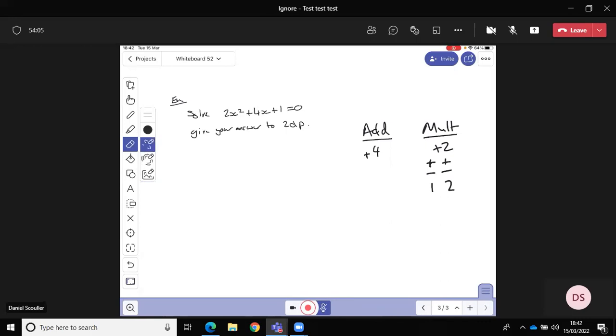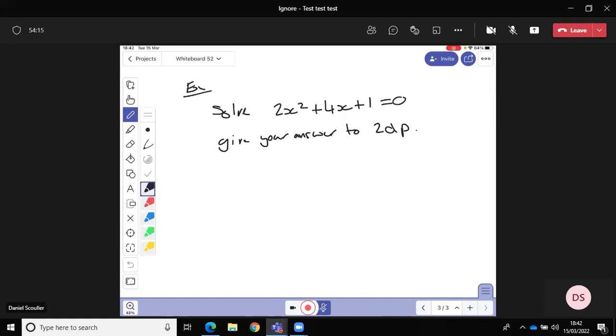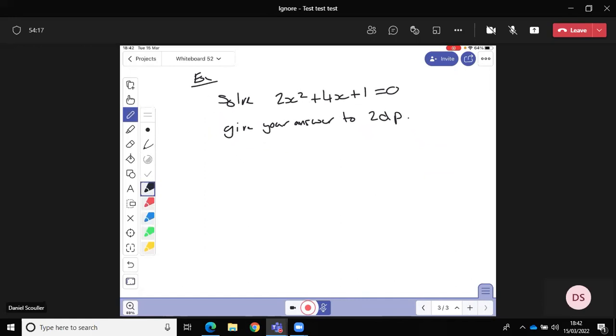You have to do it by the quadratic equation. So if we go through step by step, that's in the right order. In an exam, just write that out again: 2x squared plus 4x plus 1. I don't need to rearrange it, I've got 0 on that side, and the numbers are in the correct order.